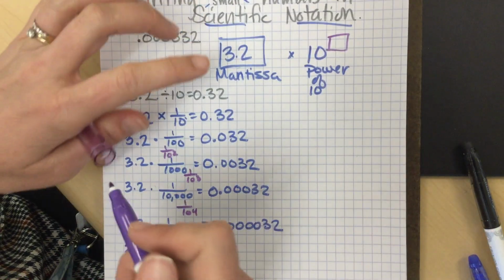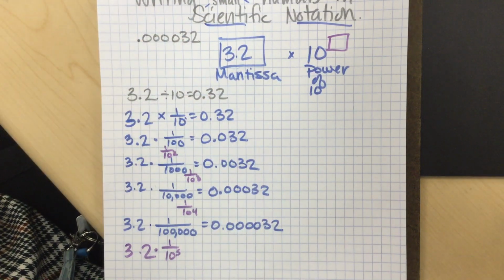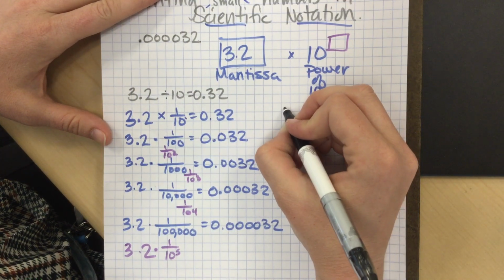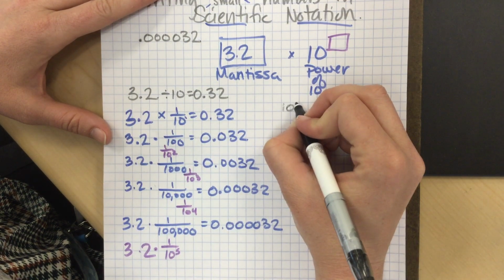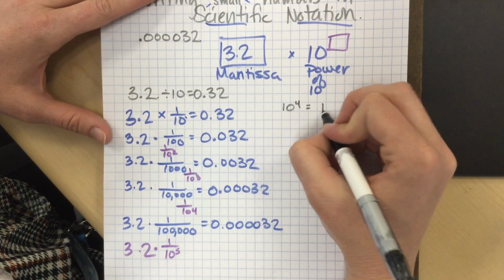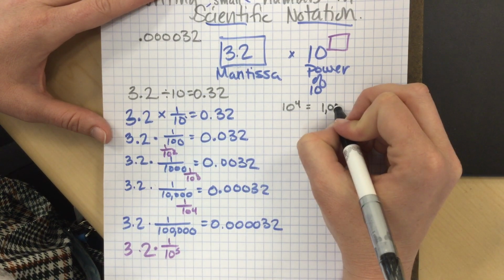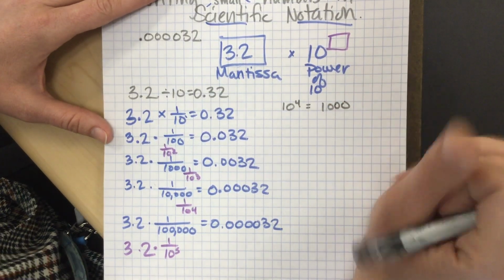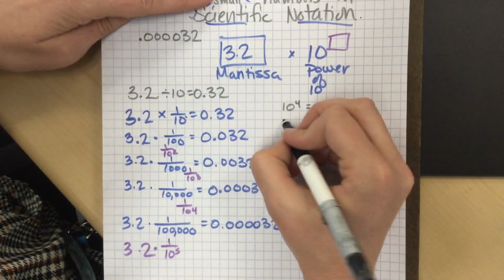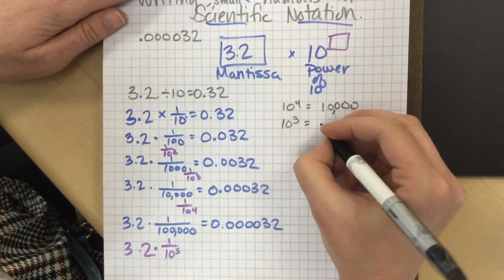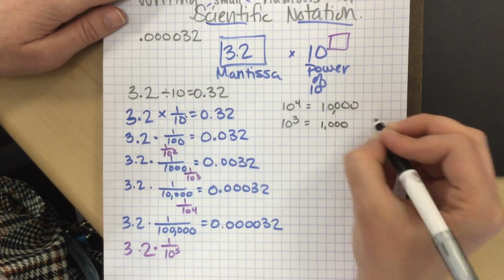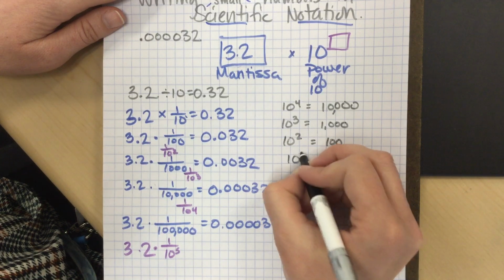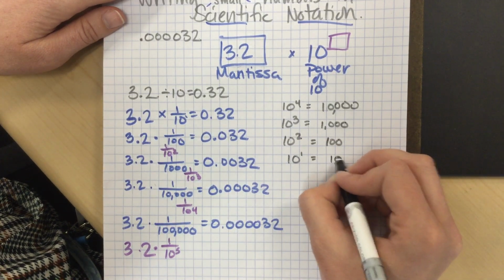So let me show you a little something about powers and how we can rewrite them. If I have 10 to the fourth, I know that number is equal to 10,000. 10 to the third is equal to 1,000. 10 squared is equal to 100. 10 to the first is equal to 10.